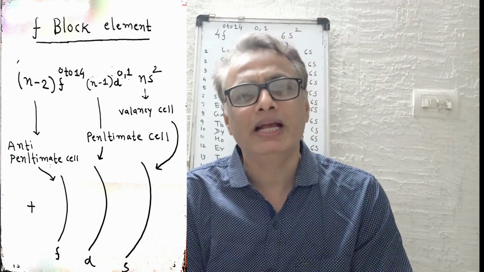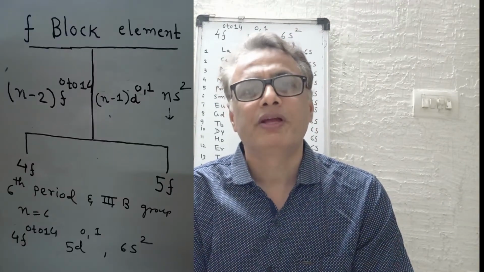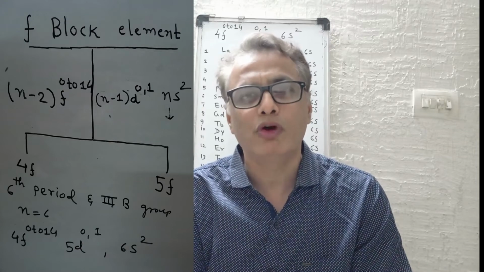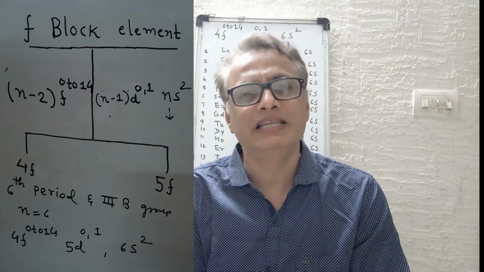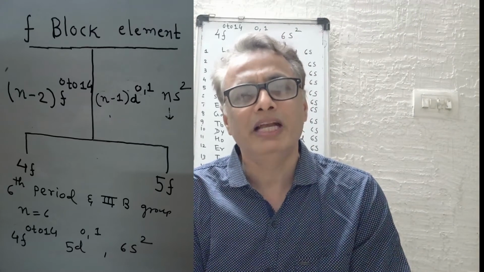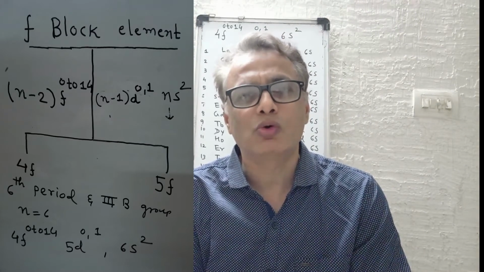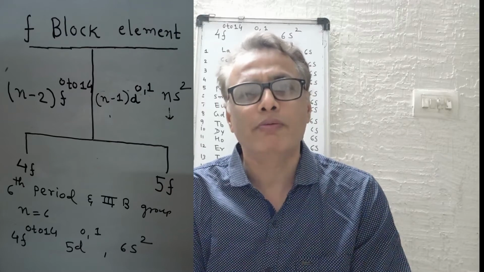F block elements can be classified into two different types, 4f block elements and 5f block elements. A 4f block element is defined as an element in which the new entering electron takes position in the 4f orbital.